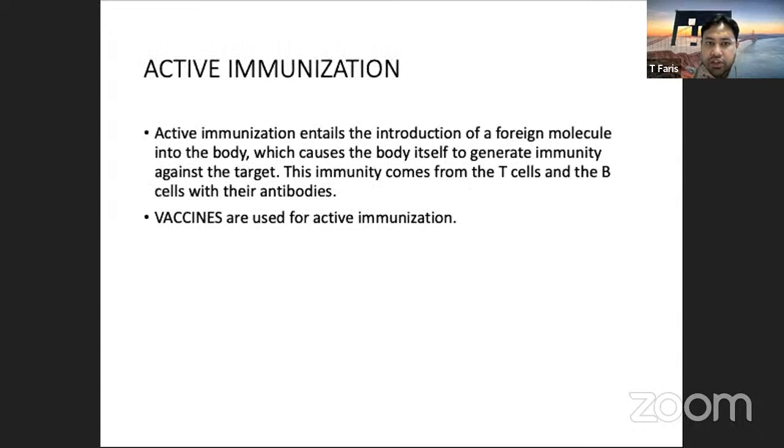Active immunization means the introduction of foreign molecules into the body that causes the body to generate immunity against the target. This immunity comes from the T cells and the B cells with their antibodies. This is active immunization, meaning the vaccines are used for active immunization too.